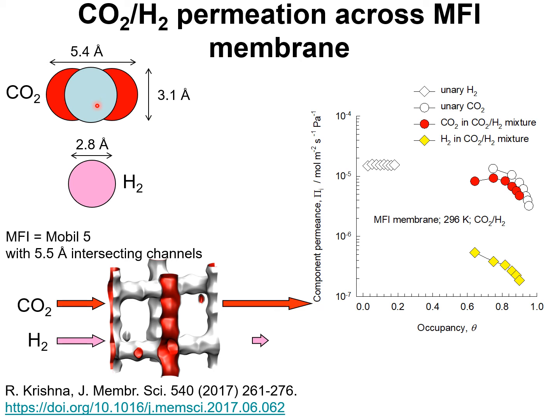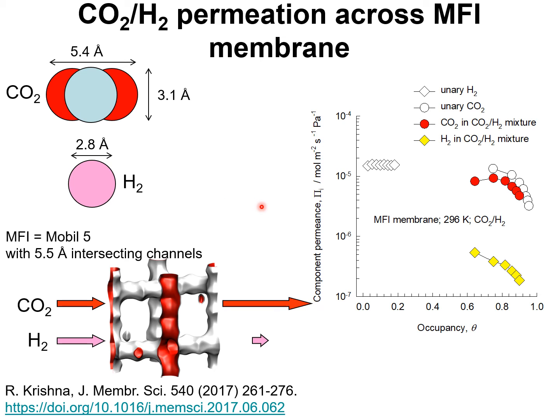Now, CO2 has a much stronger adsorption strength than hydrogen, but hydrogen has a much greater mobility than CO2. The permeation characteristics are dictated by a combination of mobility and adsorption strength.